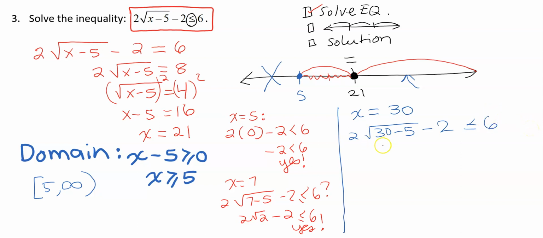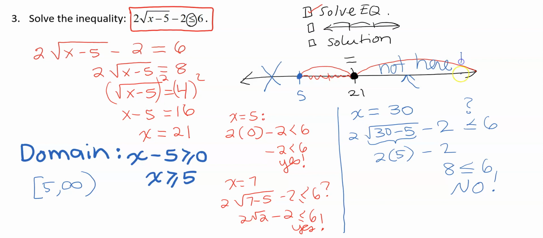Well, let's see. So this right here is going to be square root of 25. Square root of 25 is 5. 5 times 2 is 10. 10 minus 2 is 8. Is 8 less than or equal to 6? No, that is not the case. So the answer is not here.